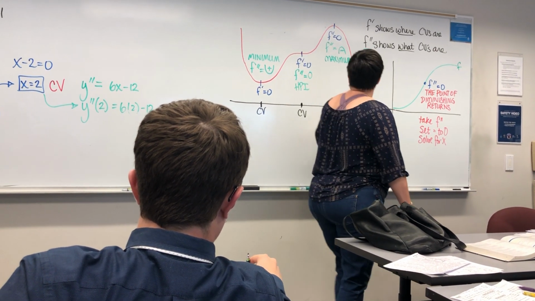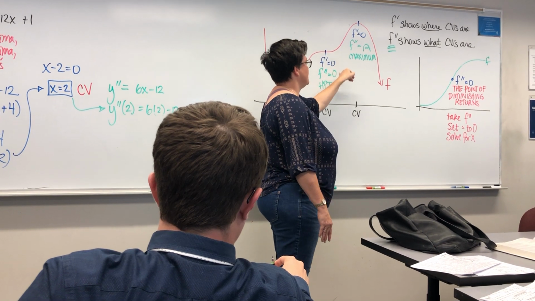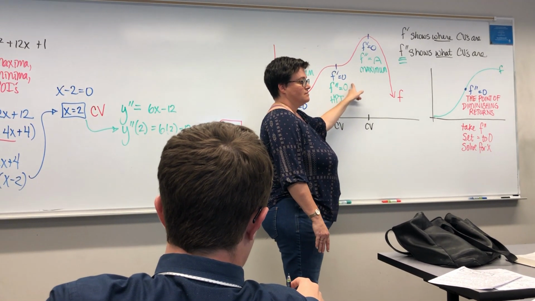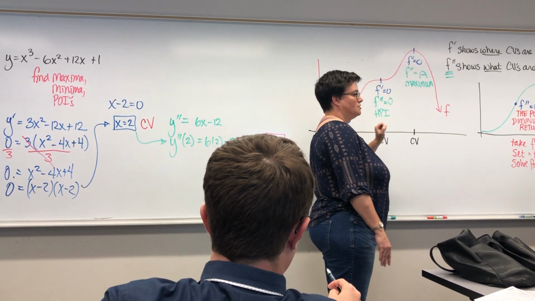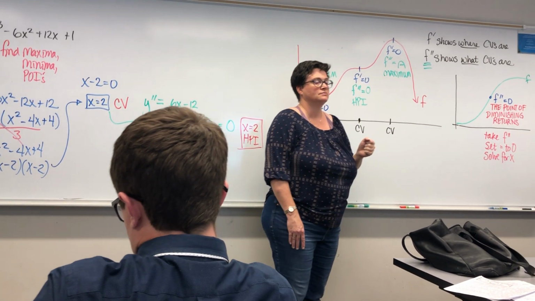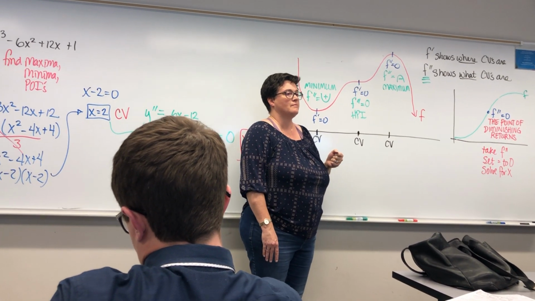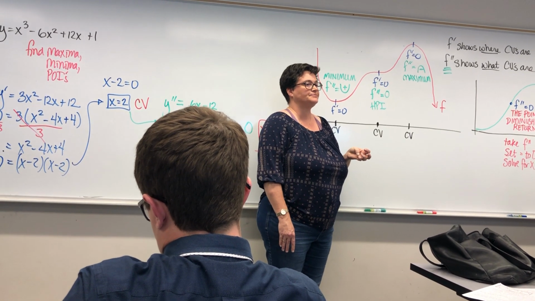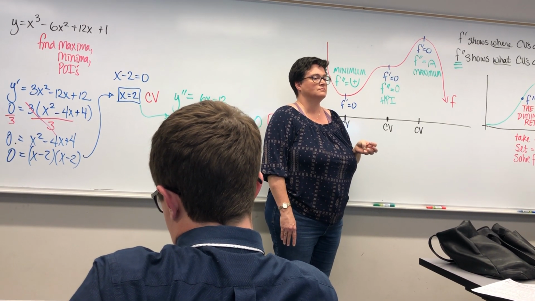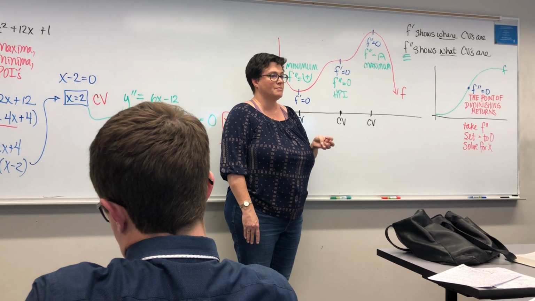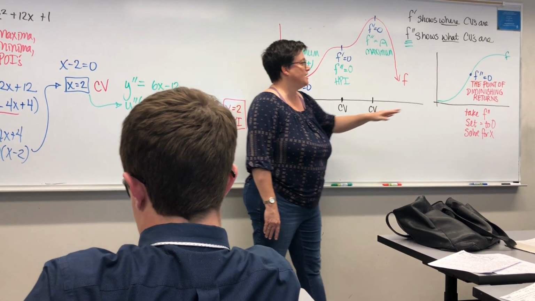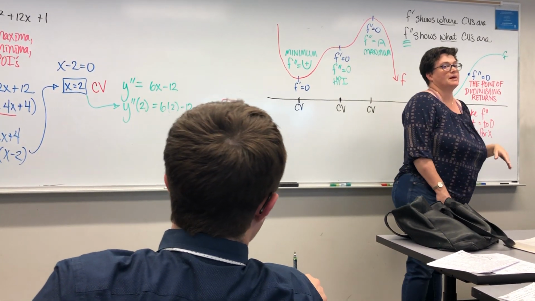This one has a critical value for slope and concavity. Yes, both f prime and f double prime equal 0 here, and over here, it's only f double prime that equals 0 at that point.